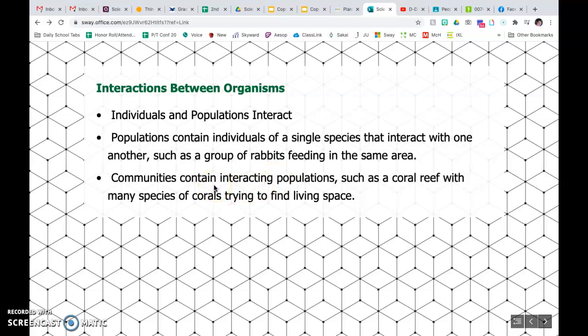And then communities contain interacting populations, like our alligators or birds or turtles, such as a coral reef with many species of coral trying to find living space. So they're all trying to get space and they're all trying to live.